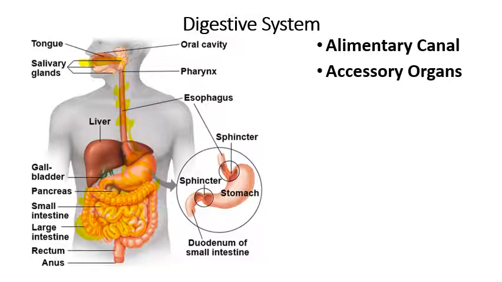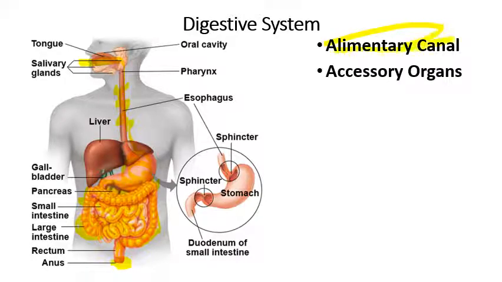And then you probably guessed that going back down on the left-hand side of the body, that's called the descending colon. And then this bottom part of the colon that's shaped like the letter S is referred to as the sigmoid colon. Right, so the ascending colon, the transverse colon going from side to side, the descending colon, and the sigmoid colon, and then the anus at the bottom. That is the alimentary canal.